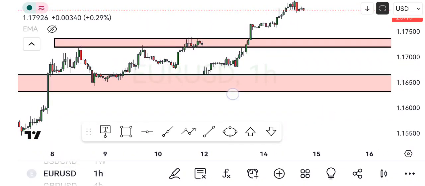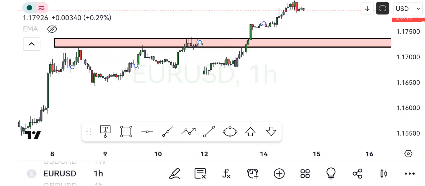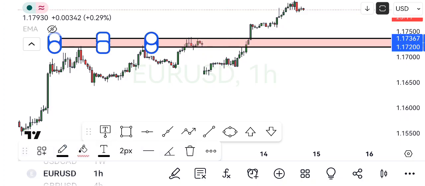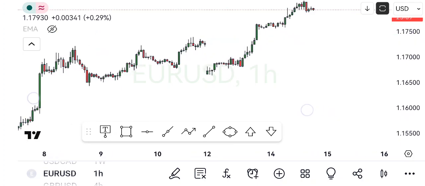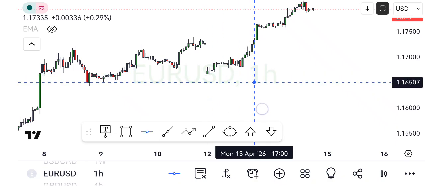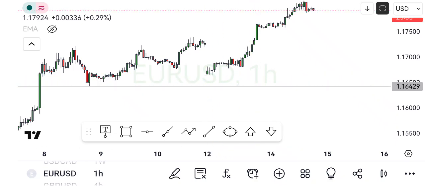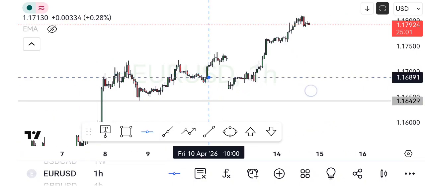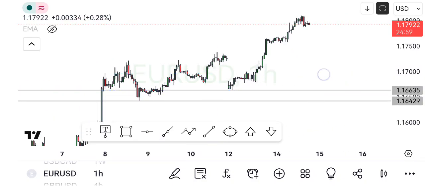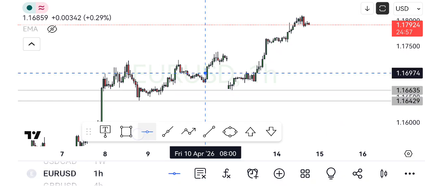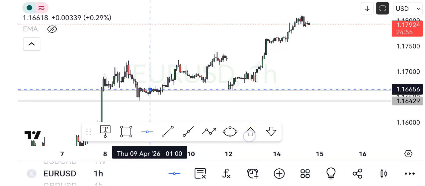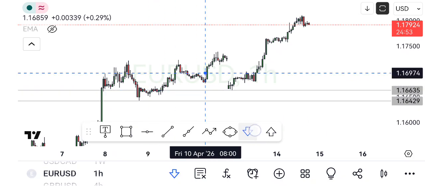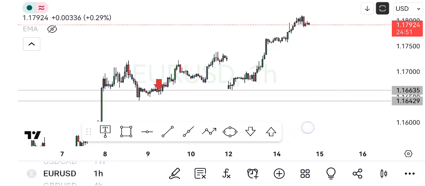Do you see them? Let me try and modify them for you. So I am seeing it like this. Remember guys, these are not lines. They are supposed to be zones or areas for you to take better advantage of them.